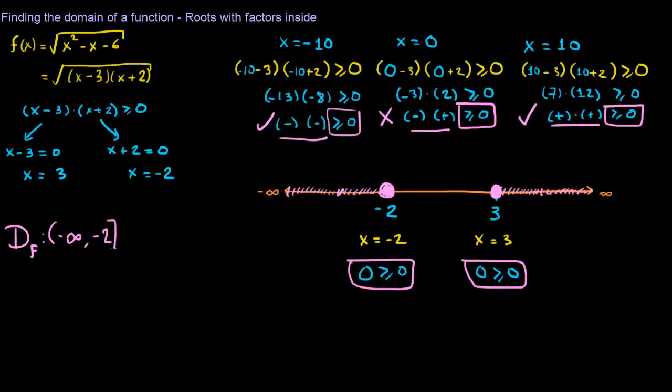We include the negative 2 just by the test we talked about here. Now would be union. We include from positive 3 to infinity. We close the parenthesis, and we are basically done here.